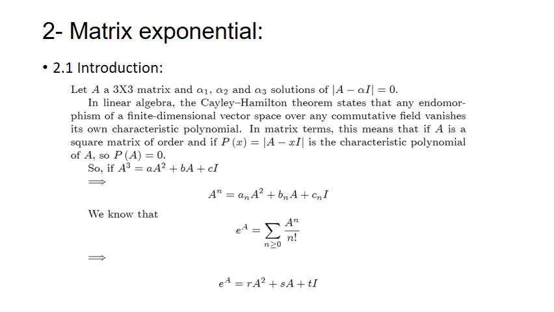The exponential of a matrix, or matrix exponential, we use the n power of the matrix, because if the n power of matrix A has this formula, the exponential of matrix A always has this formula, depending just on the square of A, A and I.